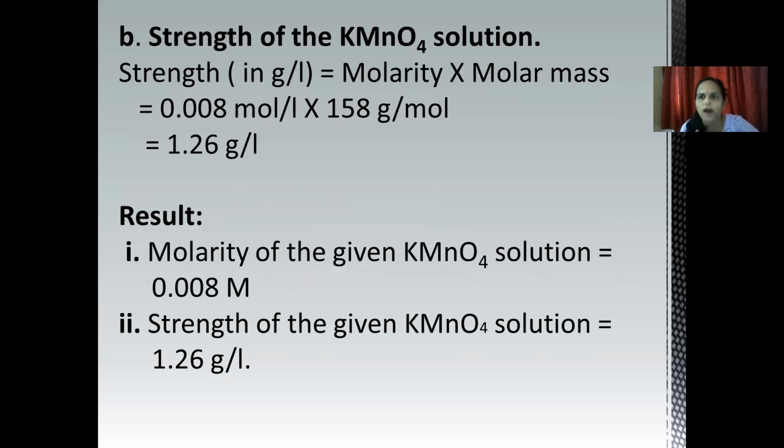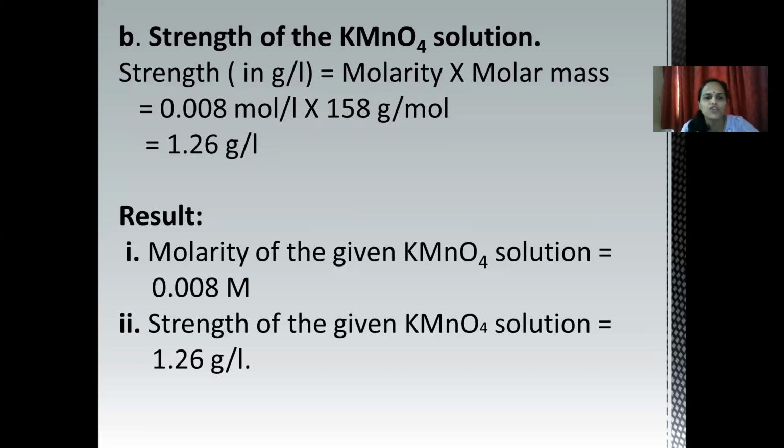We then do the second calculation, that is strength of the given KMnO4 solution. So strength is always calculated in grams per liter. So strength in grams per liter equals molarity into molecular mass. Molecular mass of KMnO4.